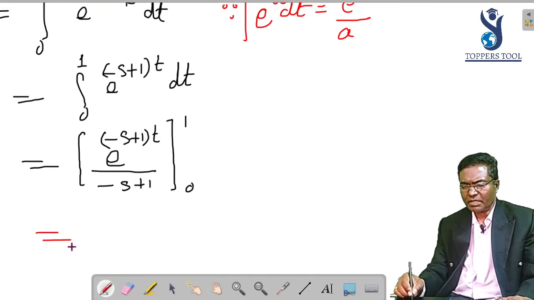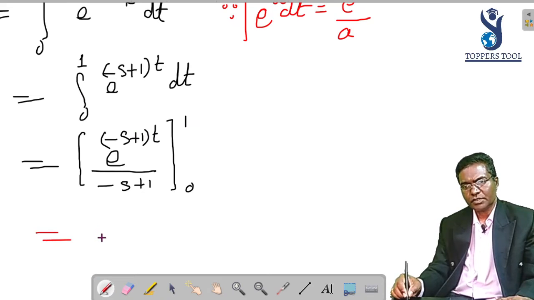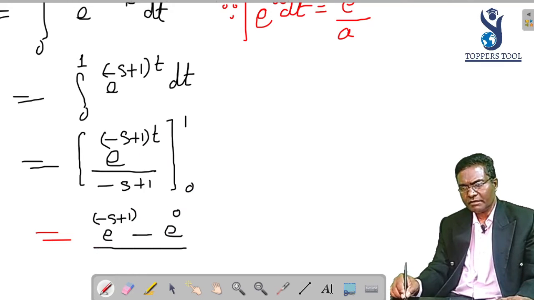Now substitute the upper limit wherever t appears, put 1: e power minus (s plus 1). If you put t as 1, it remains as it is. If you put 0 here, e power 0 divided by 1 minus s, no problem.